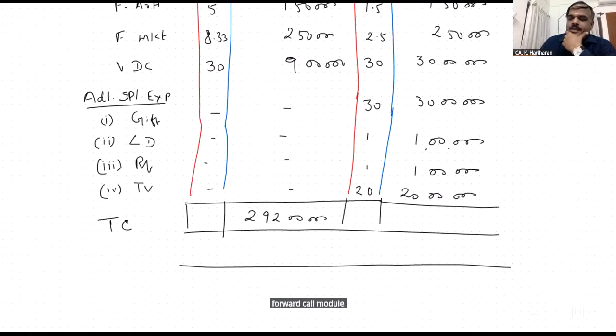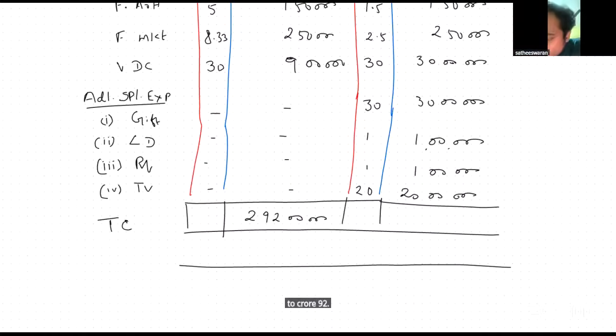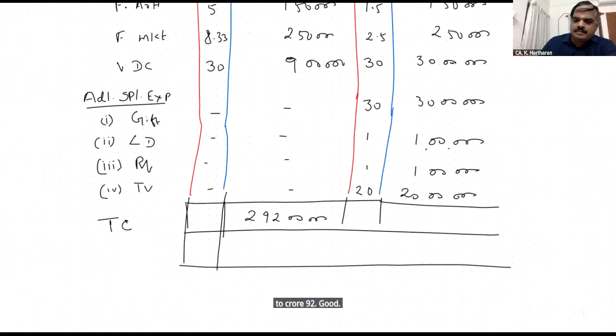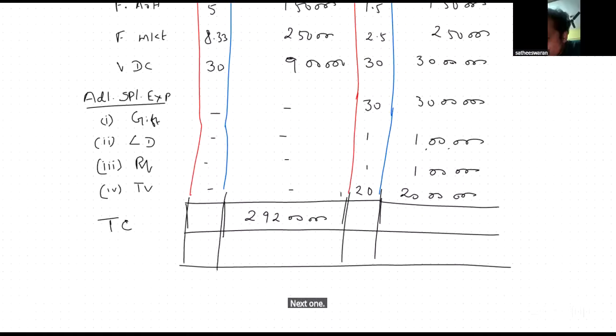Each person can take one column, compute and tell quickly. Correct, 2,92. Correct. Next one, 3,96.